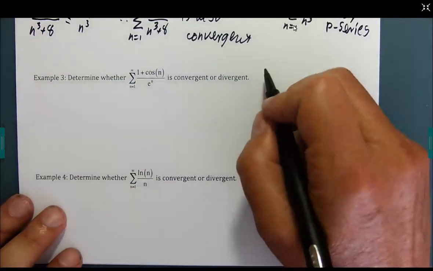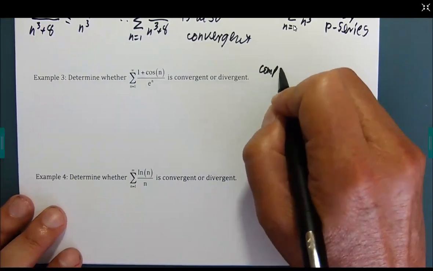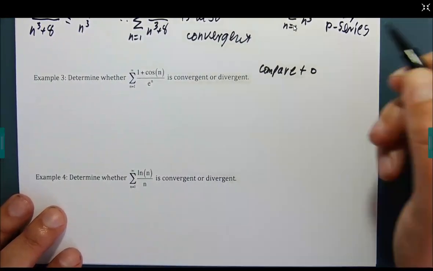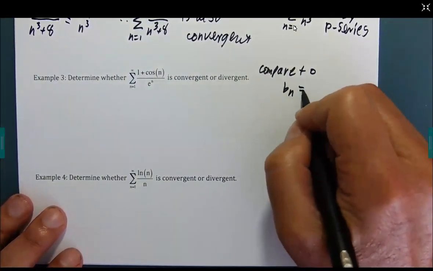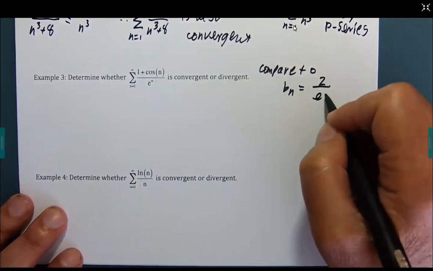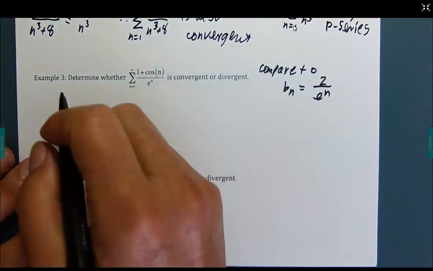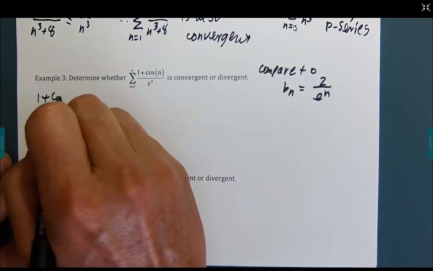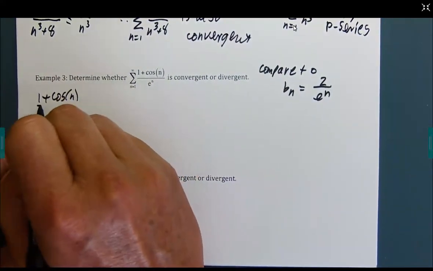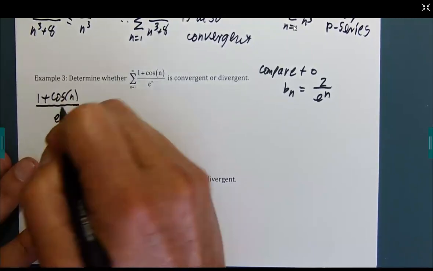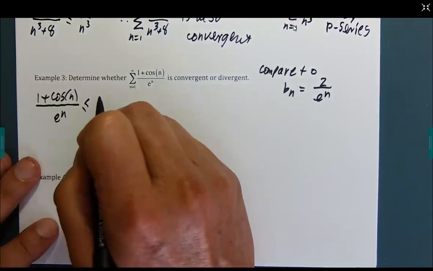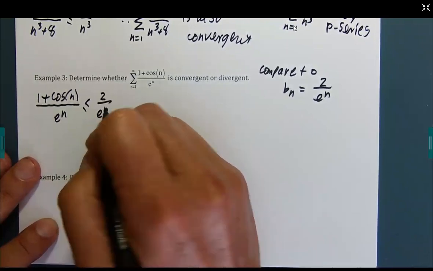So I'm going to compare to this here. Because then, for sure, this will always be less than or equal to a rate to the n.